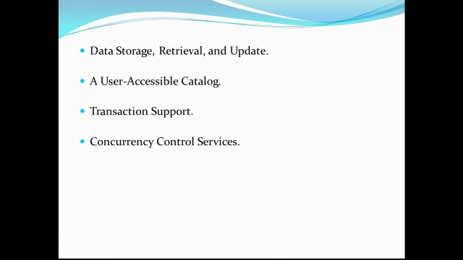Concurrency control services. A DBMS must furnish a mechanism to ensure that the database is updated correctly when multiple users are updating the database concurrently. One major objective in using a DBMS is to enable many users to access shared data concurrently.